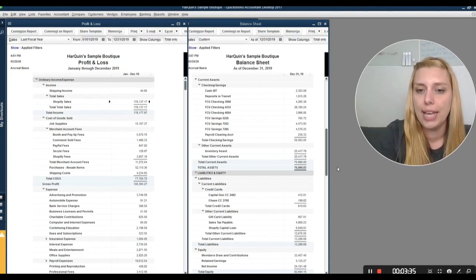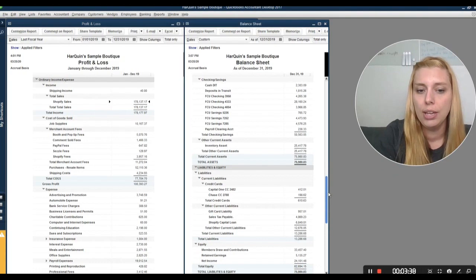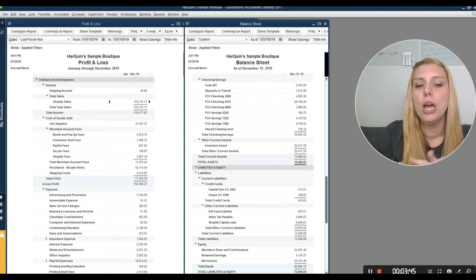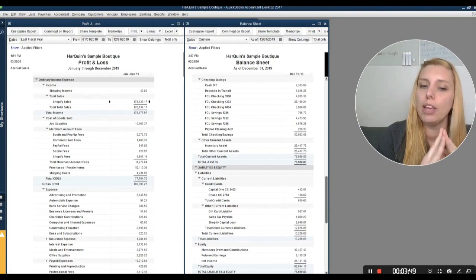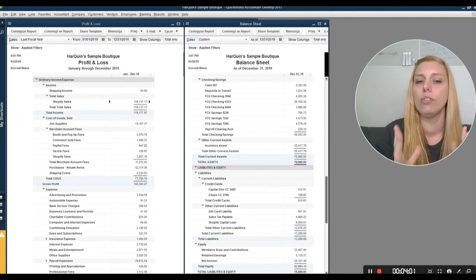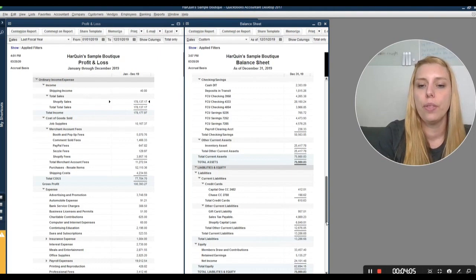It also has credit card debt, and we're going to scroll down. And then equity. There are different types of equity. I'm not going to get too far into it, but members' draws and contributions is probably the one that will affect you the most. It's money that you have put in or taken out of the business, out of your personal account or to your personal account. So it's kind of like the owner's bank account, money going in or out through the owner's personal bank account. So that's what that is.